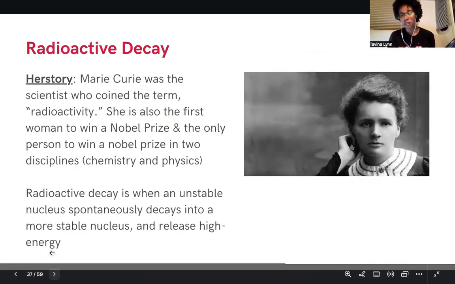Okay, so I'm actually going to pause here. I want you to take a moment and soak up, better yet, draw. What is a nuclear reaction?